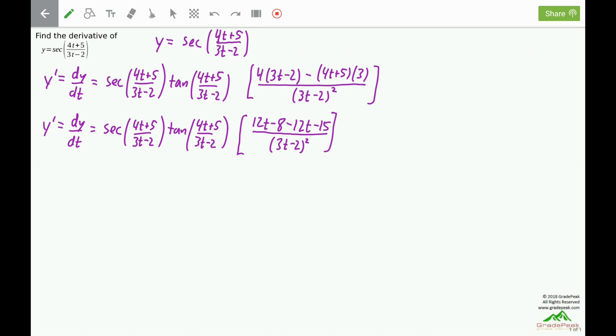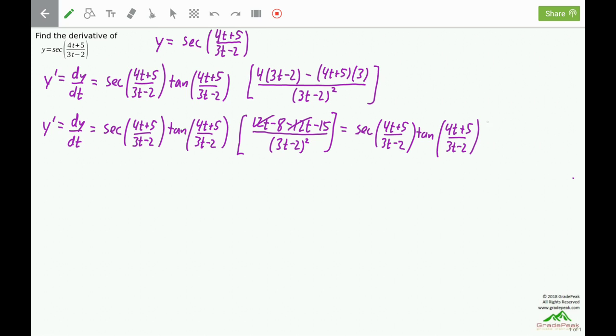Now in the numerator there are like terms that can combine. We have a positive 12t and a negative 12t. Those actually cancel. And we have a negative 8 and a negative 15, and those can combine. So I have the secant of (4t plus 5) over (3t minus 2) times the tangent of the same thing, (4t plus 5) over (3t minus 2).